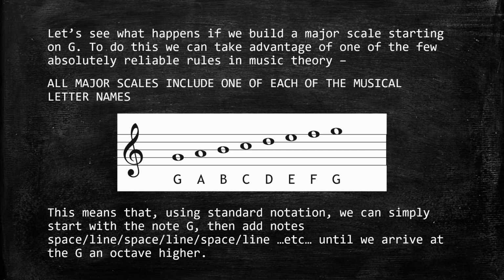So this means that using standard notation, we can simply start with the note G, then add notes space, line, space, line, space, line, etc. until we arrive at the G an octave higher.